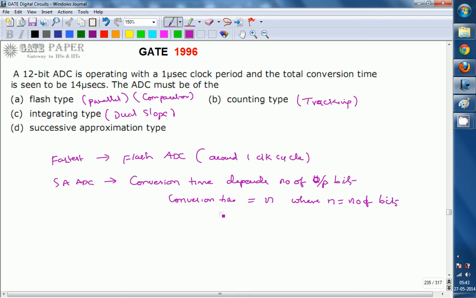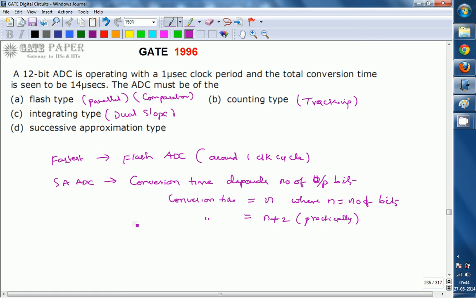Strictly, the conversion time is n plus 2, because it requires 2 extra clock pulses, to initiate the conversion and to end the conversion. So practically, successive approximation takes n plus 2.